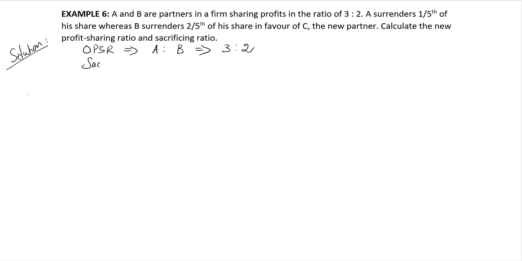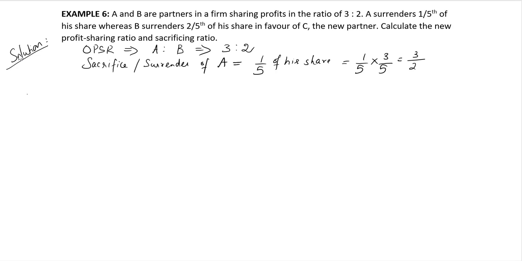So the sacrifice or surrender of A is equal to 1/5 of his share, or 1/5 into his share, which is 3/5, which is equal to 3 divided by 25.